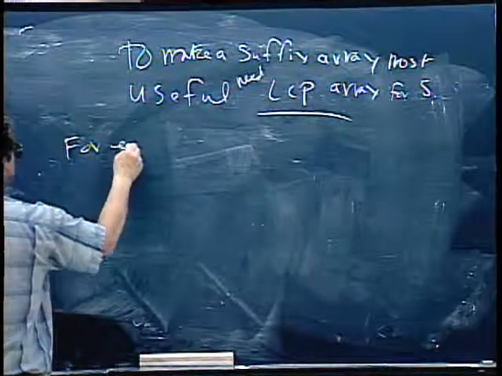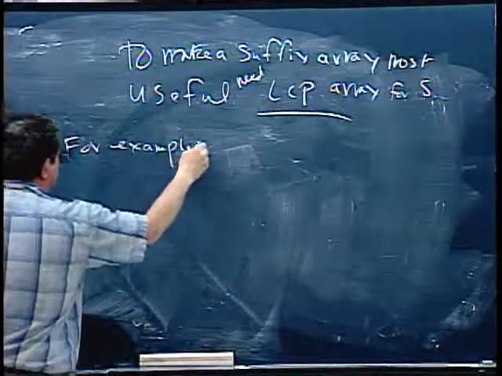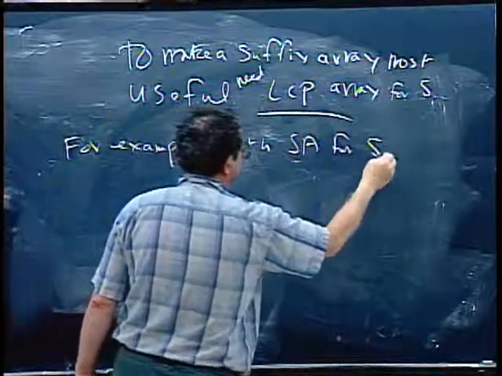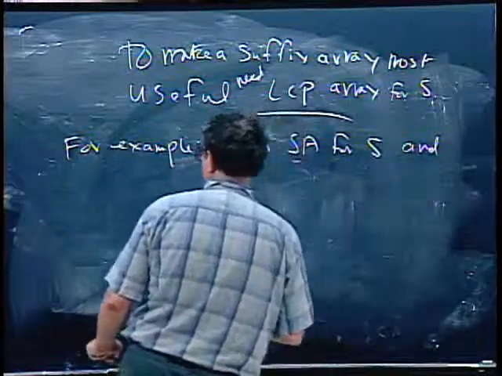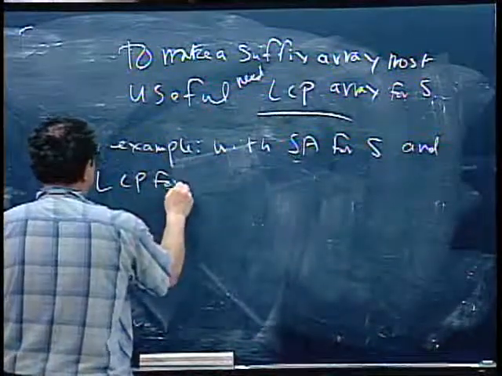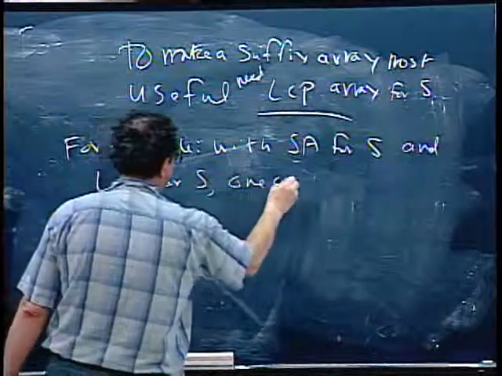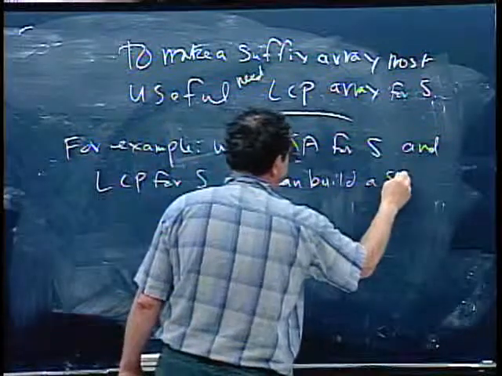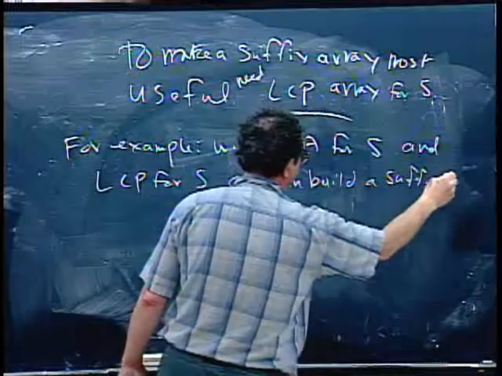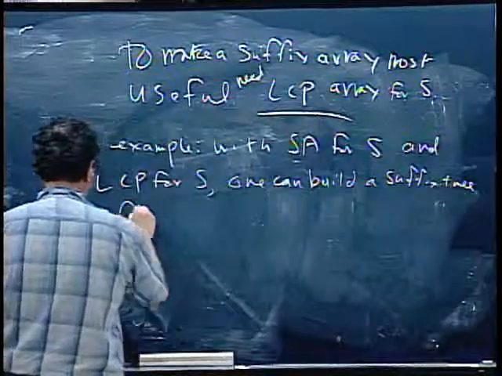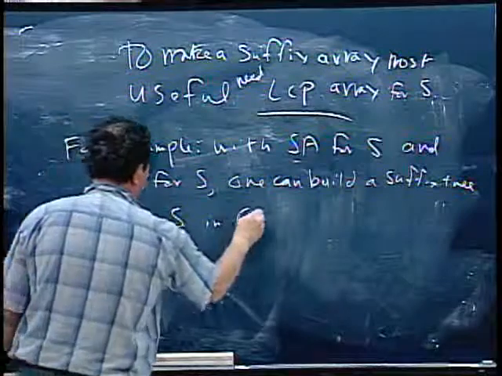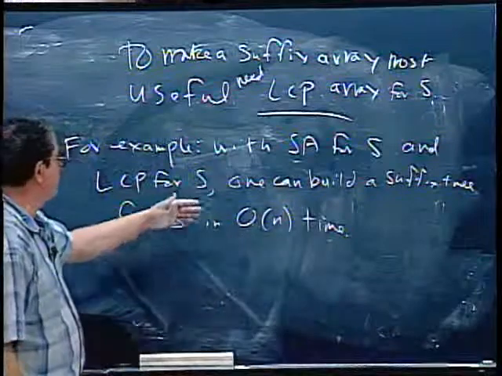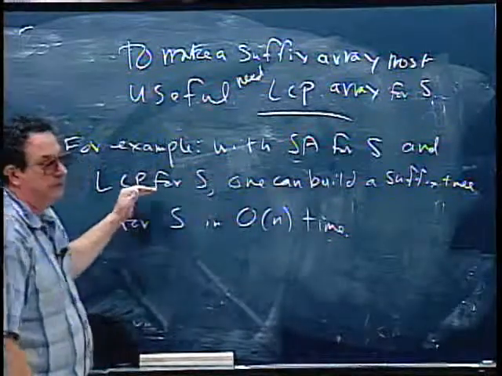For example, with the suffix array for S and the array LCP for S, one can build a suffix tree for S in order n time. You build it with the suffix array and you build it with this LCP array.